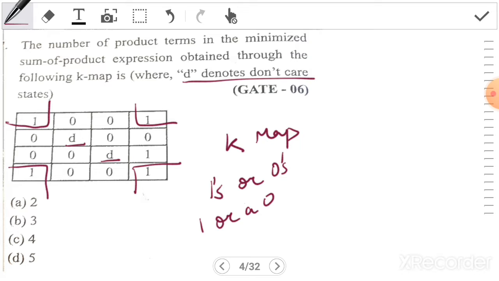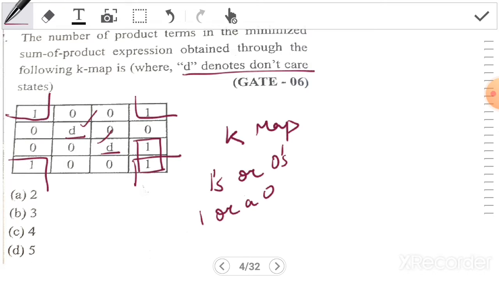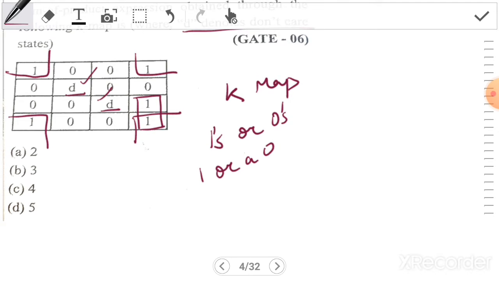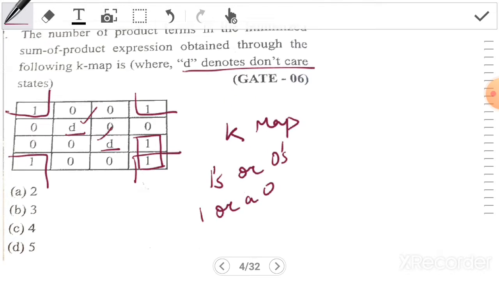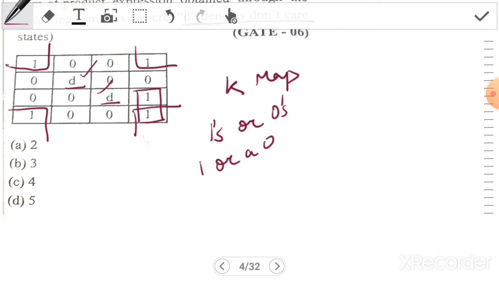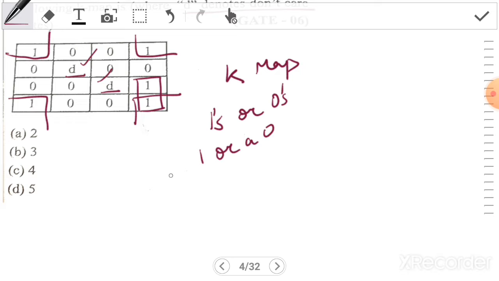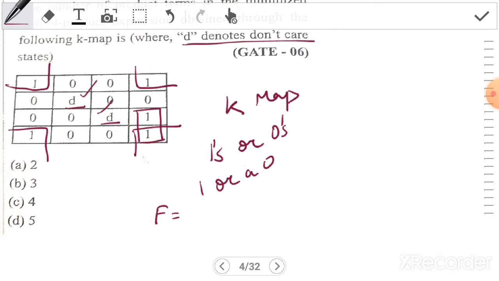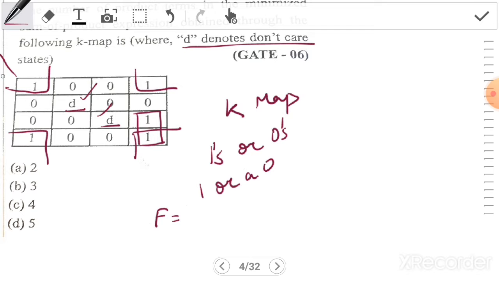And see here we can leave these don't care as unused because I don't see them helping in minimization or simplification. So let us write the expression for the group. So f is equal to, say this is A, B, C, D.